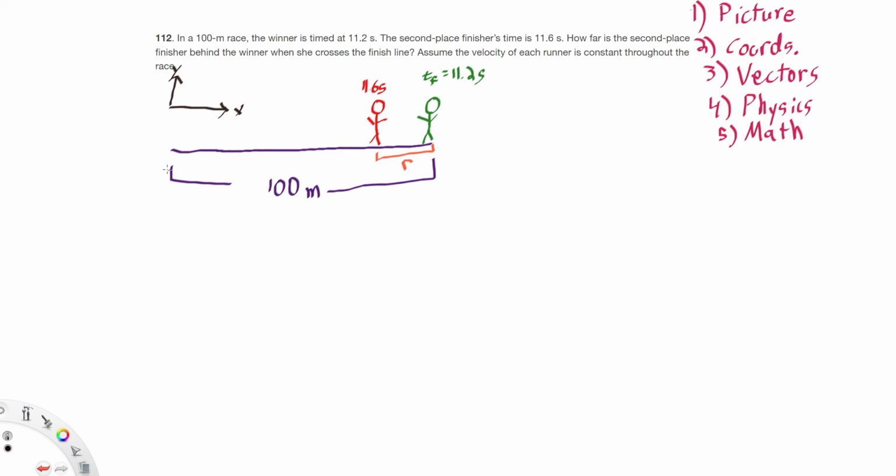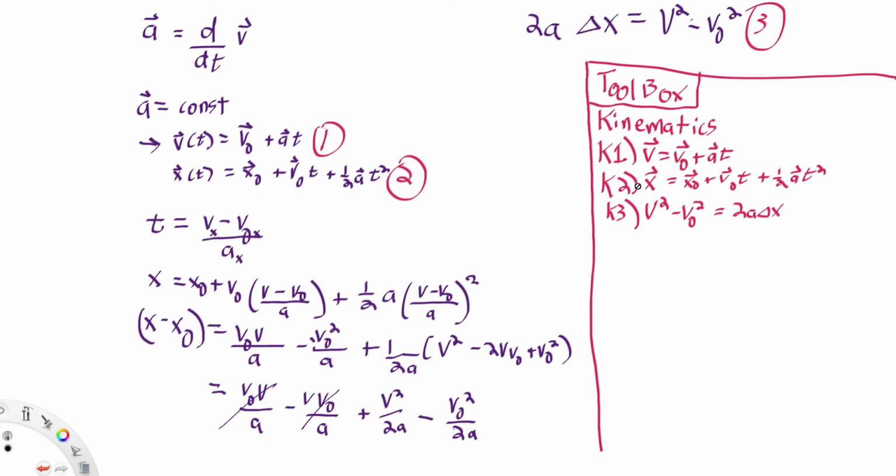We don't have very many tools, but we've got something like distance, acceleration, time, initial velocity. So we're going to pull out our K2 from the last slide. K2 is distance as a function of initial velocity, time, acceleration.